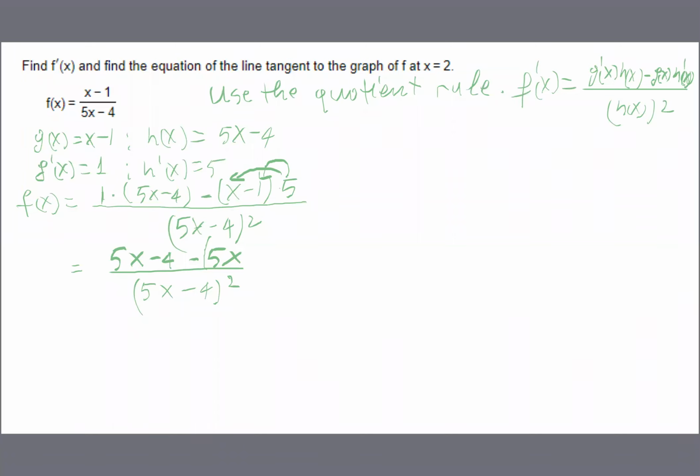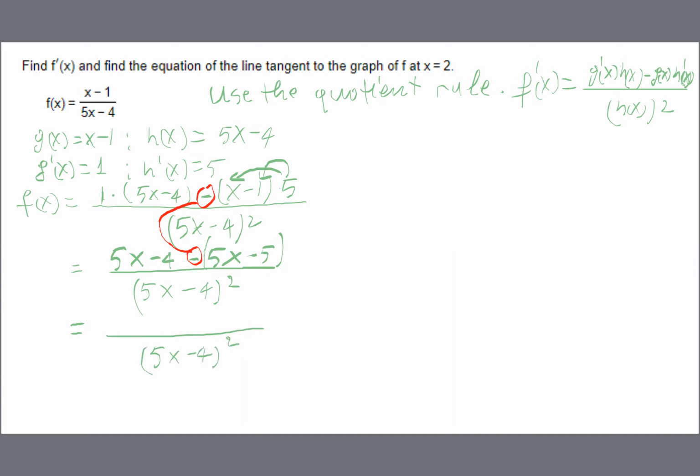So what I'm going to do is I'm going to have minus. So this minus here is this minus here. I'm just going to distribute 5 into x minus 1. So 5 times x is 5x minus 5. It is better to do an extra step than make a mistake with a sign. We all make mistakes, and I'm trying not to make one.